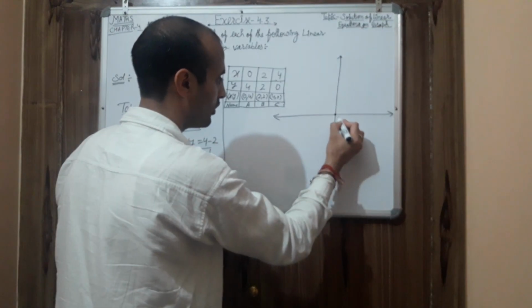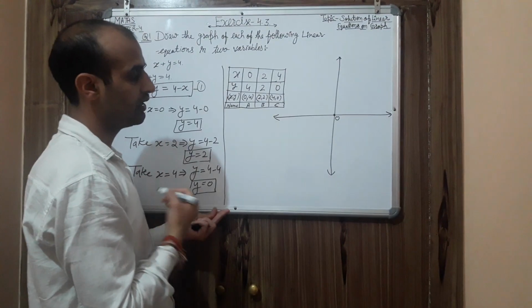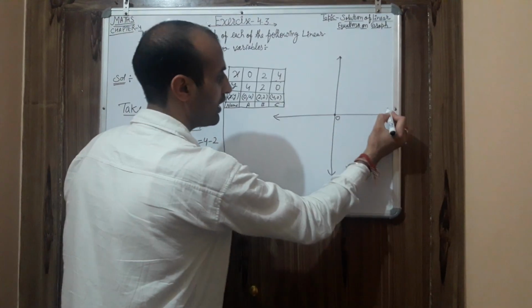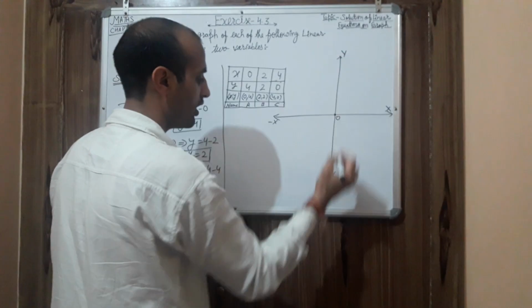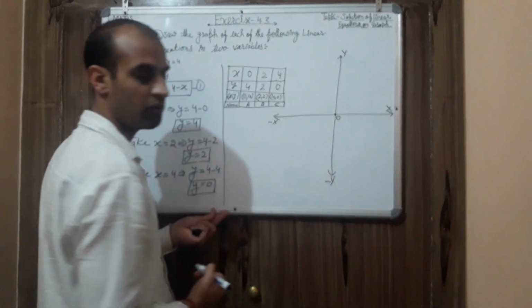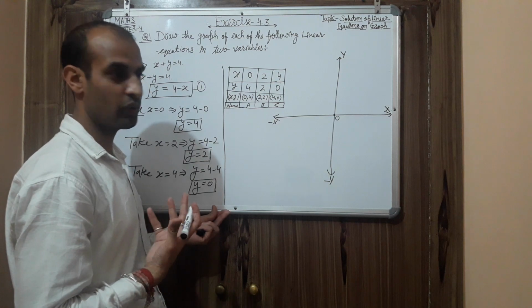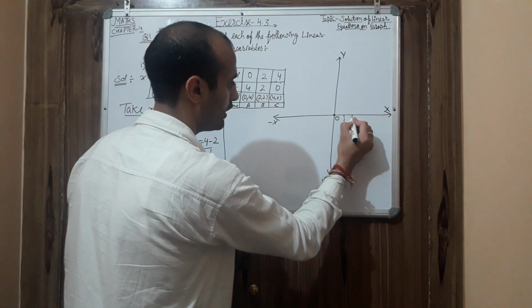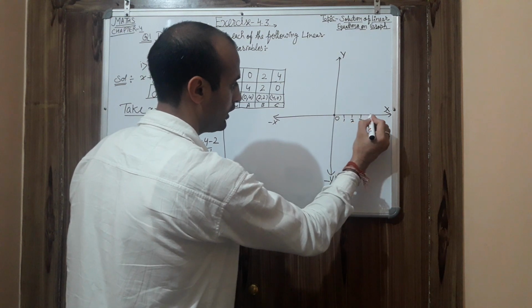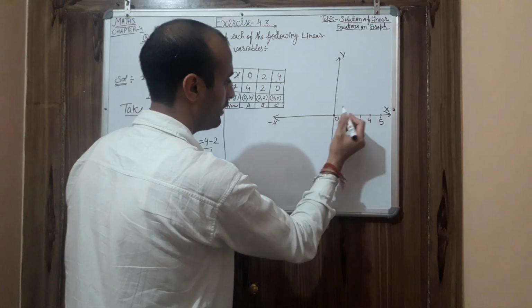You all know now this point is the origin. Because it is here x-axis, this is negative x-axis, y, and this is negative of y. These two axes intersect at point O, that is the origin. And here we have all positive numbers 1, 2, 3, 4, 5.